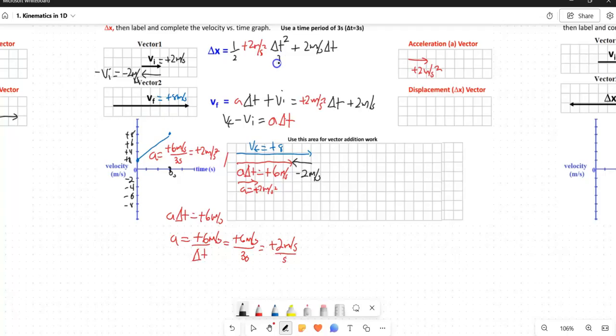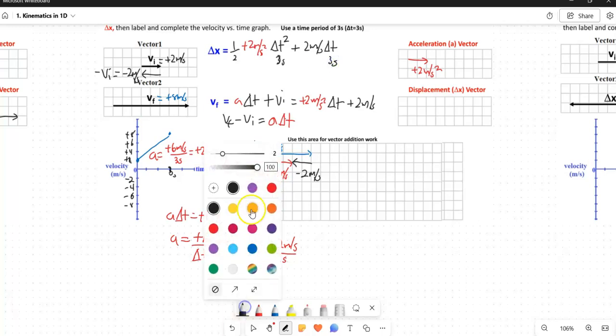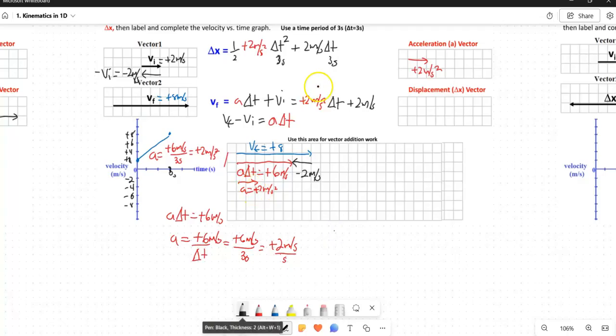We're going to add to that the initial velocity, which is positive 2 meters per second times delta t. So putting in 3 seconds here, and squaring it, and this is 3 seconds here. So in other words, we're going to get 2 meters per second and multiply it by 3. So we need the initial velocity vector, which is 1, 2, and 3.